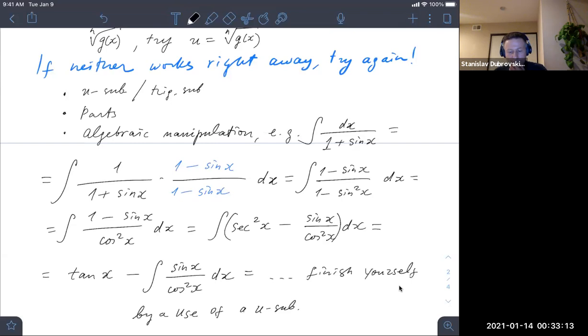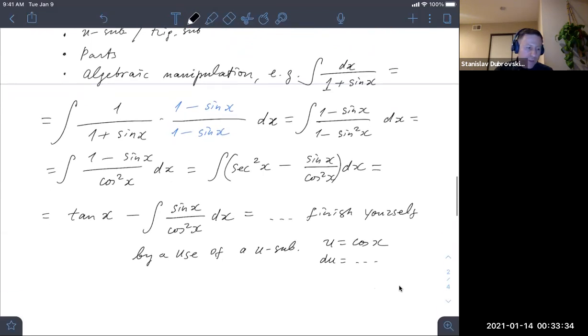And what's your u sub? Of course, cosine x. Okay, du and good. So algebraic manipulation helps, even if it's less than obvious sometimes.